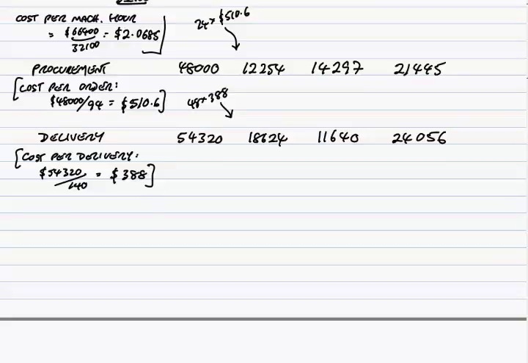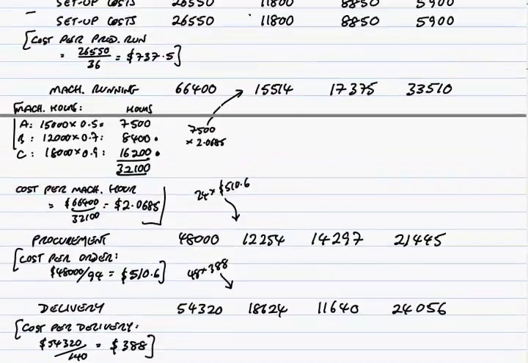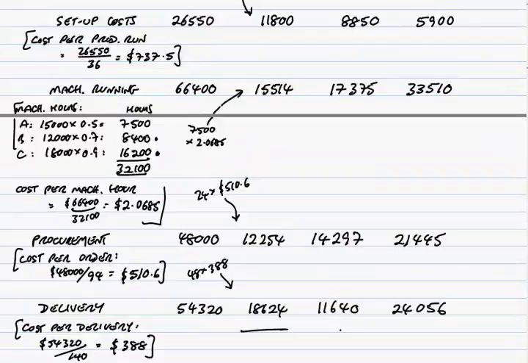We've now charged all the overheads, and so let's add up for each product. Product A, 11,800, 15,514, 12,254, 18,624 is 58,192.